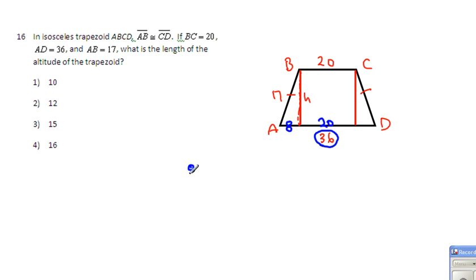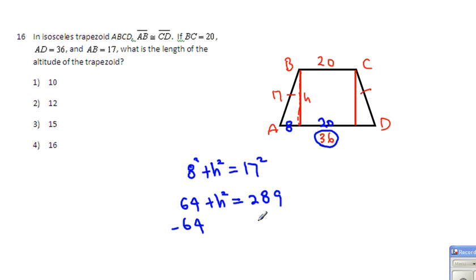So here we have 8 squared plus h squared must be equal to 17 squared. 8 squared becomes 64, plus h squared, which we do not know, and 17 squared becomes 289. By subtracting 64 from each side, h squared becomes 225. Then as you take the square root from both sides, h has to be equal to 15.